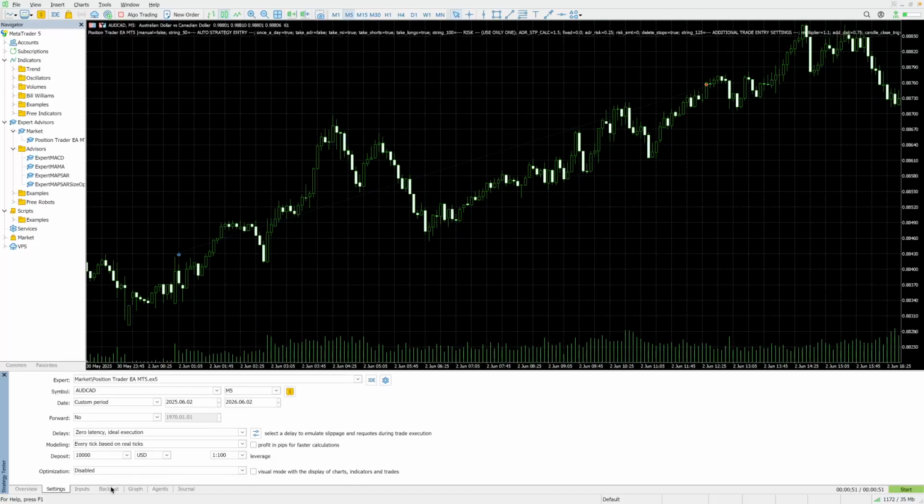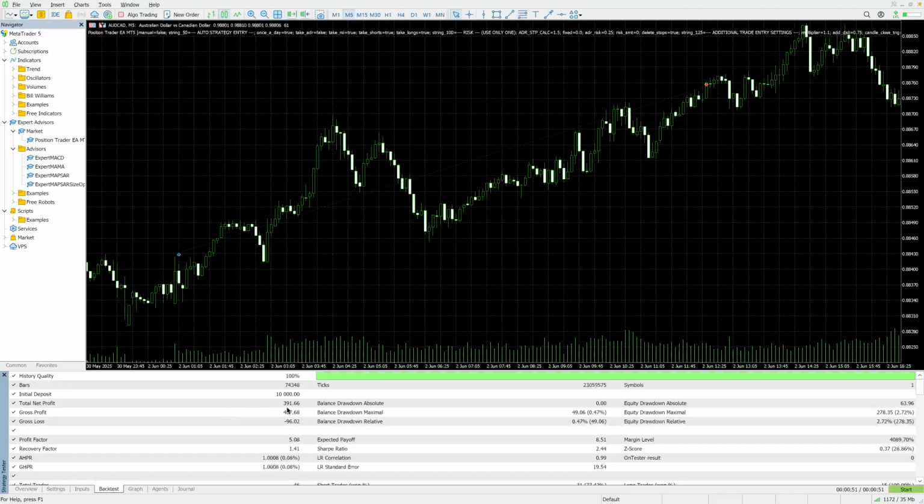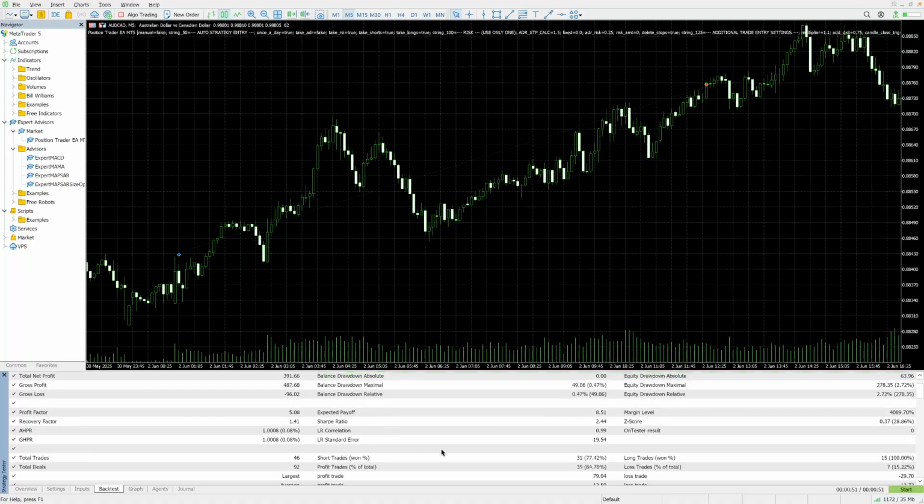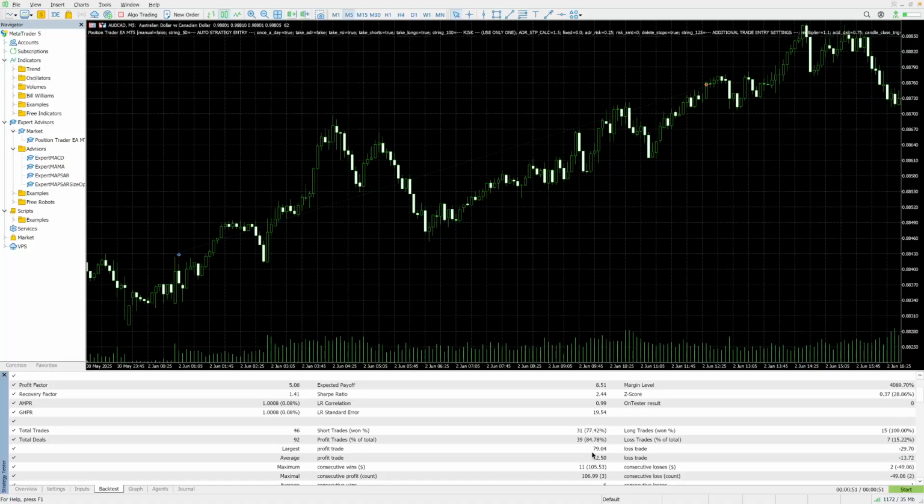It showed a net profit of $392 with a very strong profit factor of 5.08. Very impressive. The win rate was 84.78% across 46 trades throughout the whole year. So it's quite selective, which is common for position trading. Position traders do not take too many positions. They just take select positions and hold them for days, for a long period.